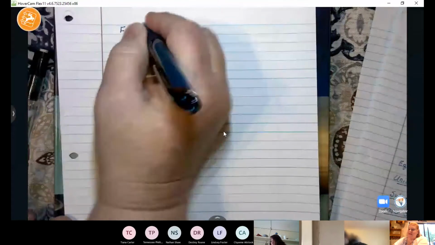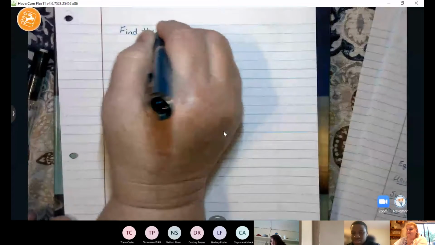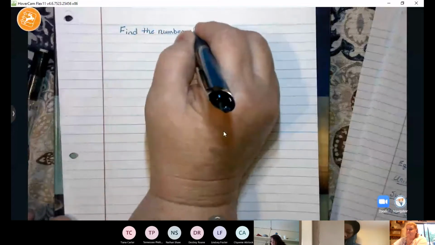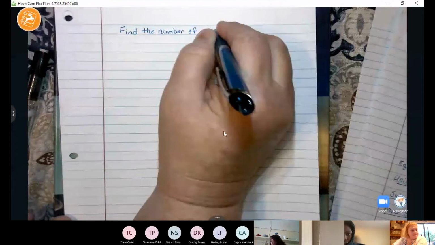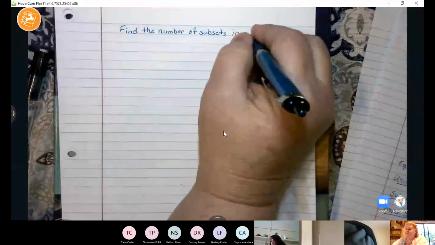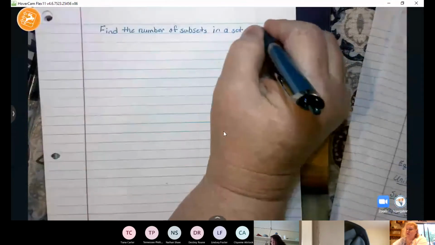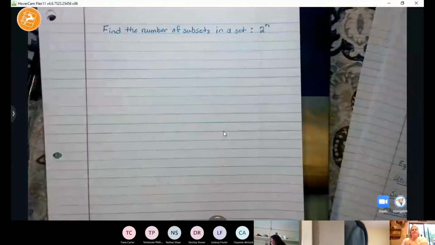And we want to be able to find the number of subsets. We use a little formula, 2 to the nth power.